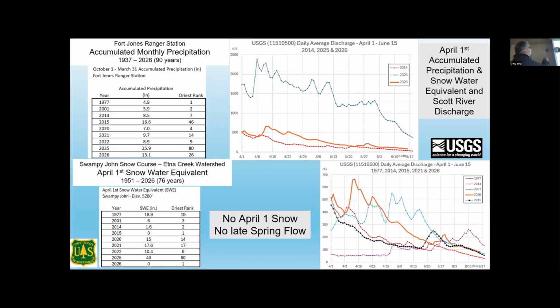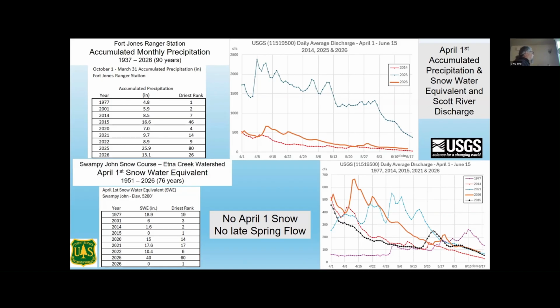These figures just show representative drought years with the driest ranking, something I came up with. The driest ranking, number 1, means it's the driest year in the period of record. And you can see, as we all know, 1977 precipitation-wise was the driest year we have. 2026 wasn't the driest year, it was 26.